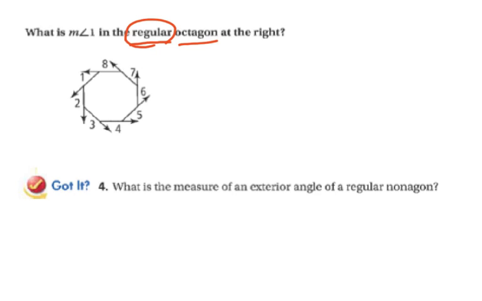So because it's a regular octagon, that means that all the angle measures are the exact same number. So number 1 is the same as number 2, and same as number 3, and so forth. So if they all add up to 360, and there are 8 of them, then I can take 360 and divide it by 8. And that'll be the same answer for all 8 of them.